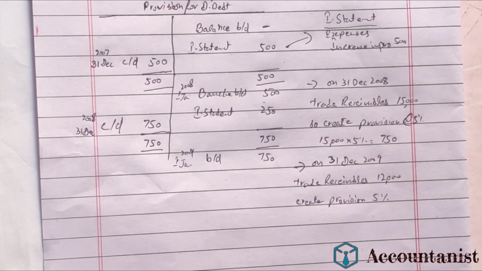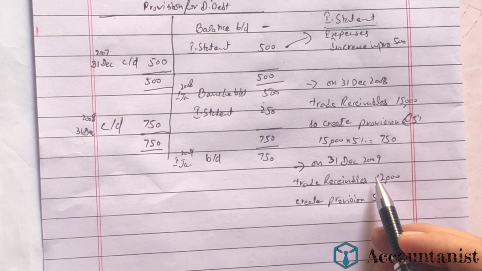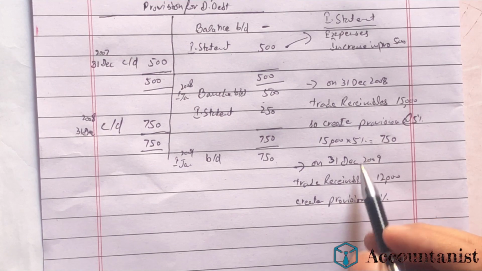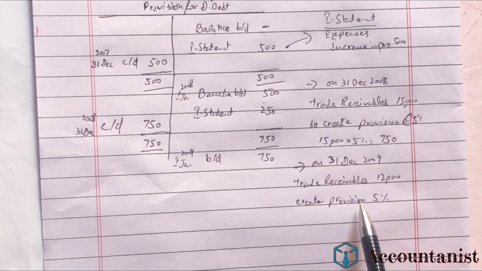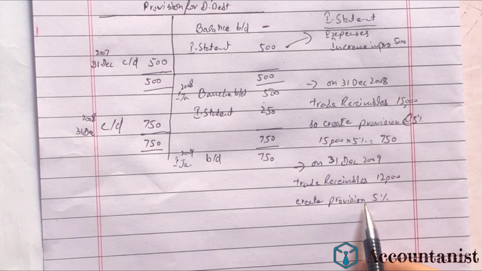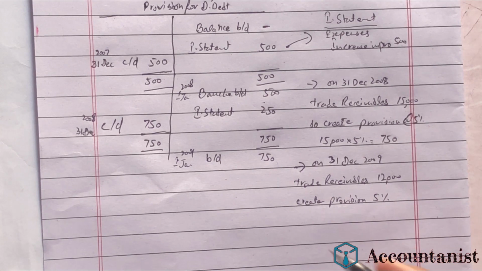These percentages and figures will be given in the question, so they can be changed. I'm giving you the same percentage for better understanding, like 5%, 5% and 5%. In the question they may give you this data with a changed figure or changed percentage. Whatever percentage they give you with the relevant date, we apply that percentage on the trade receivables of that date.